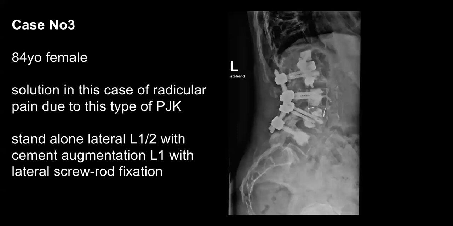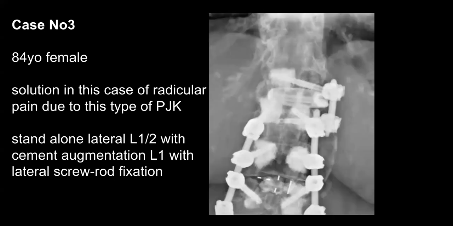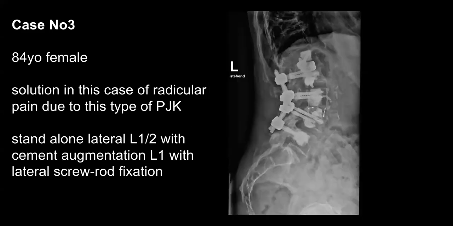And she said this was really the best surgery of the 3 surgeries she had. So this is the coronal, the AP view, the X-ray, and this was my last case. I'm happy if you would comment on this.